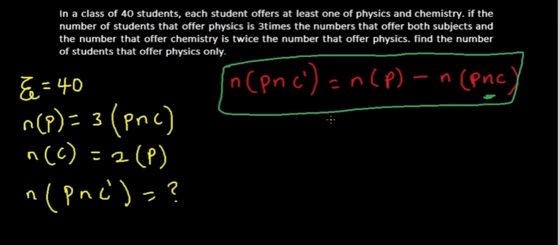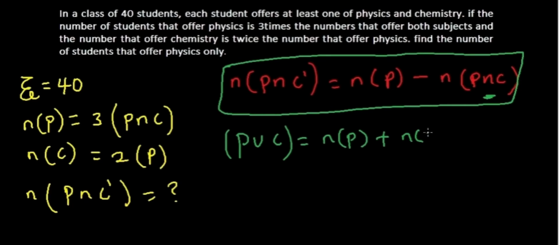To get that, we still need to do some things. Now you remember this particular formula in set theory. I've mentioned that already in the video where I explained the algebra of sets.